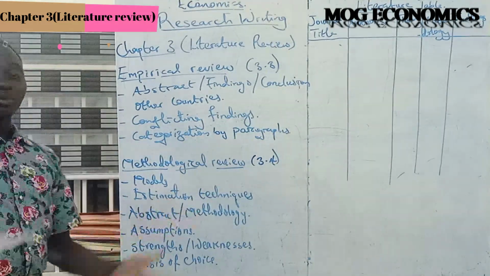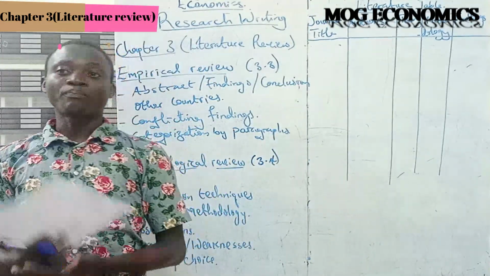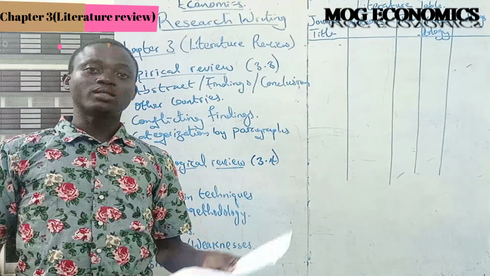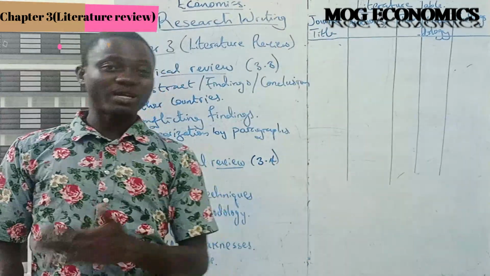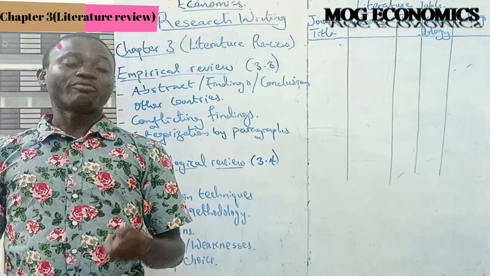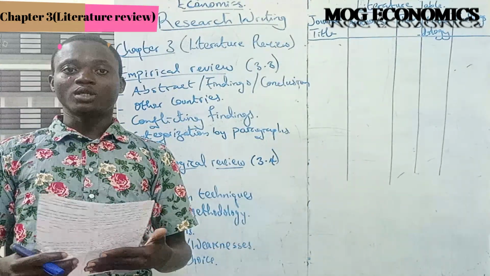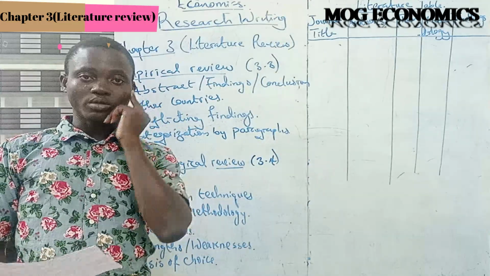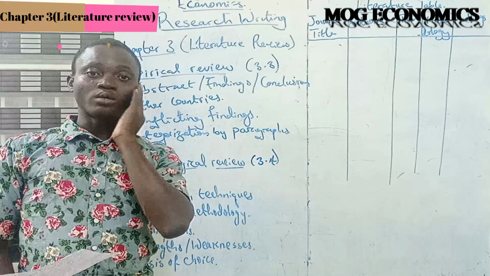It is just about reporting the findings of related journals, the journals that you use that are related with your subject matter. So it might vary. Okay, for some you might have journals that have done what you are about to do in one way or the other. So you might have journals on the impact of inflation on economic growth in Nigeria.